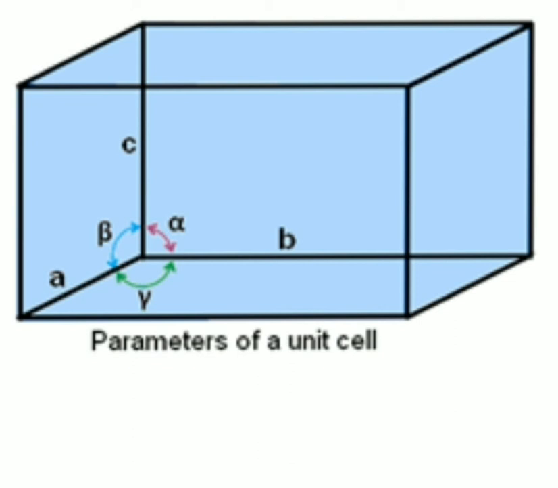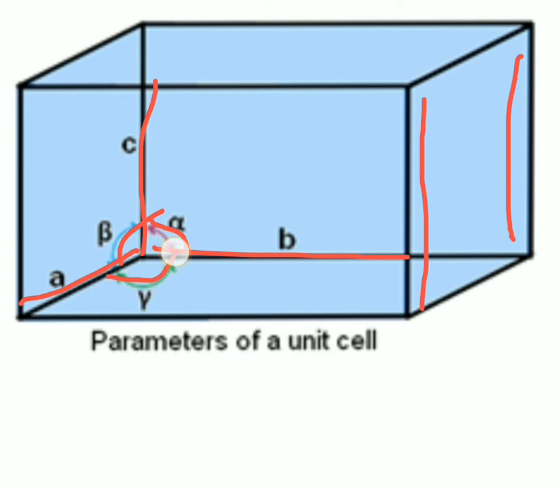These are the edges, the lines which join the lattice points are known as edges, and the lengths of these edges are represented as a, b and c, and the angles between these edges are alpha, beta and gamma.